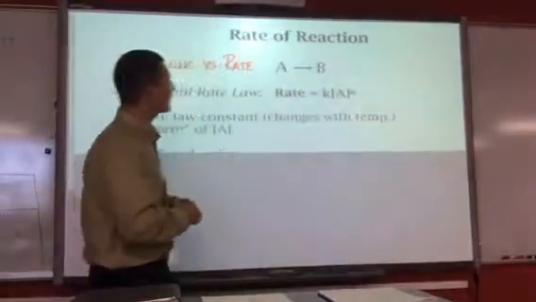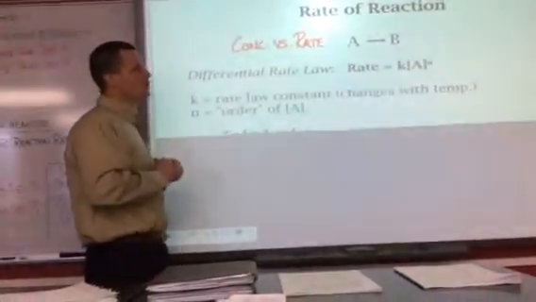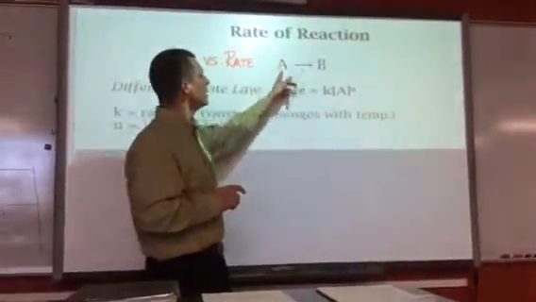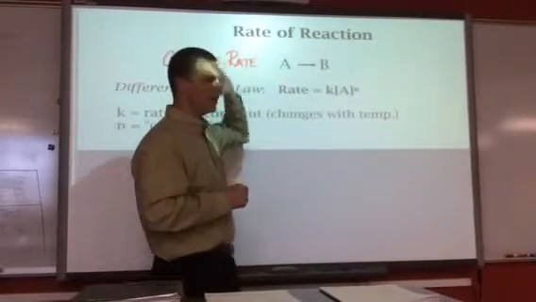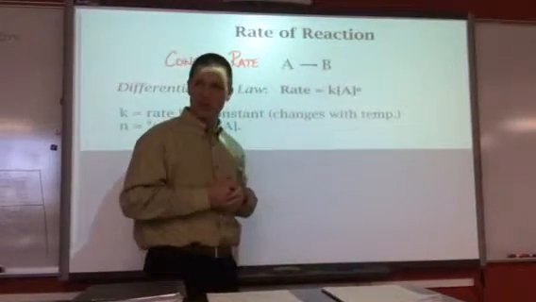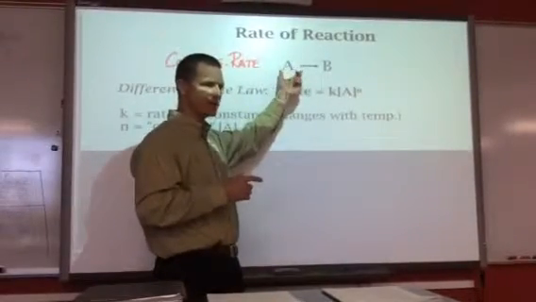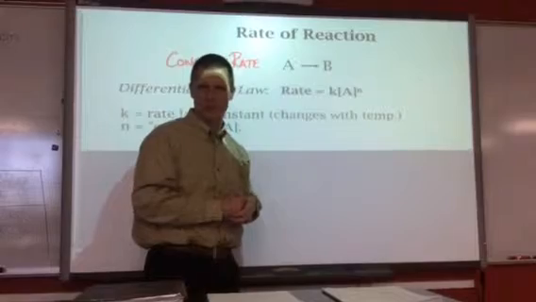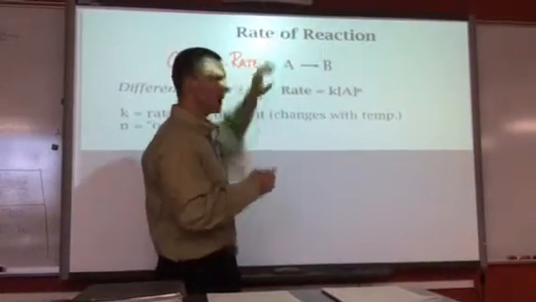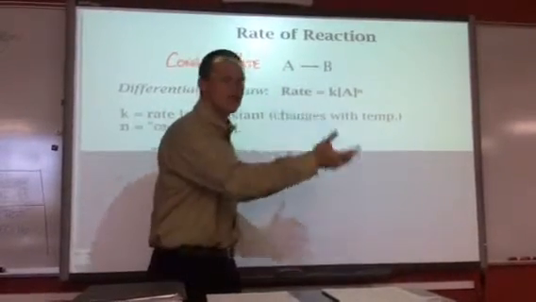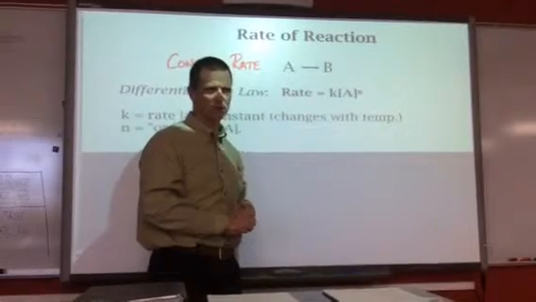If the reaction is first order, that means that if you double the concentration of A, the rate is going to double as well. Whatever change you apply to the concentration, the same change applies to the rate. If you increase the concentration by 10, the reaction is going to go 10 times faster.